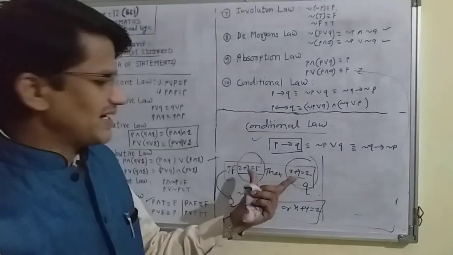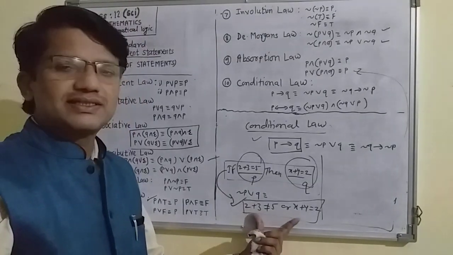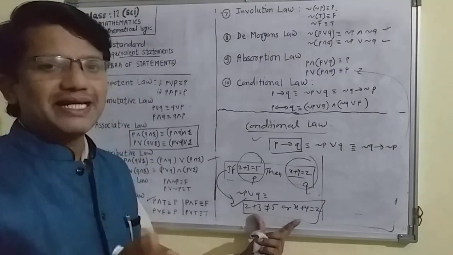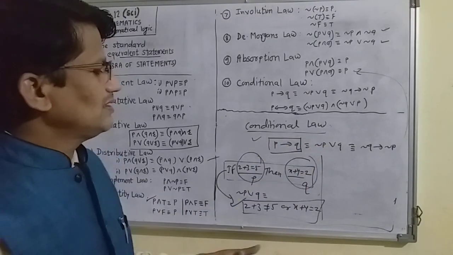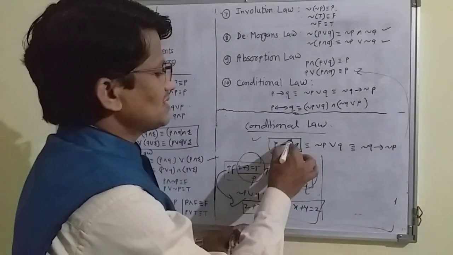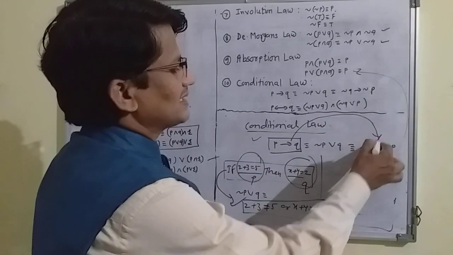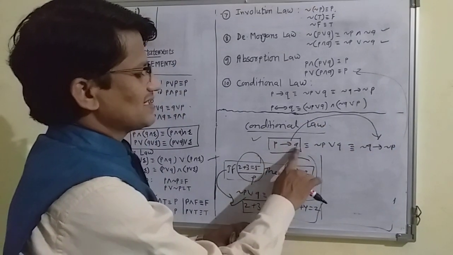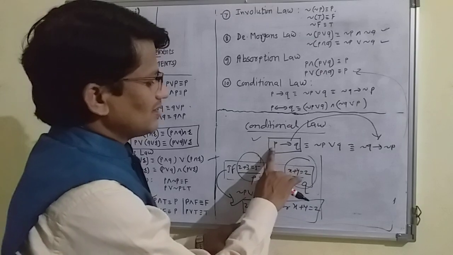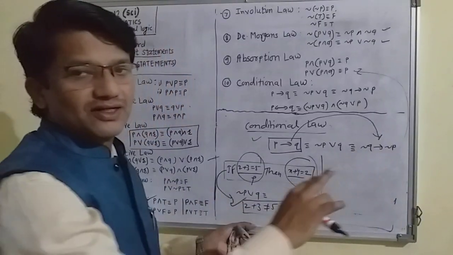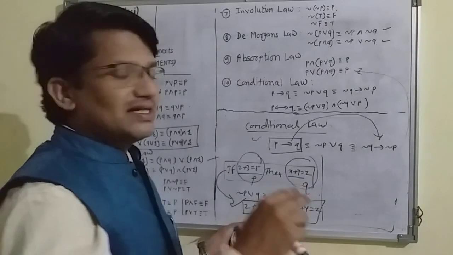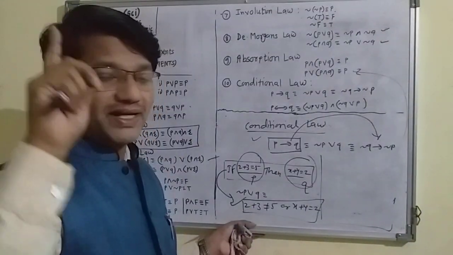The meaning of this statement and the meaning of this statement have the same value according to this rule, and the same statement can be given another way. See here, P implies Q. Q first, P after, and both having negative signs. This type of concept we have already seen in the conditional statement.